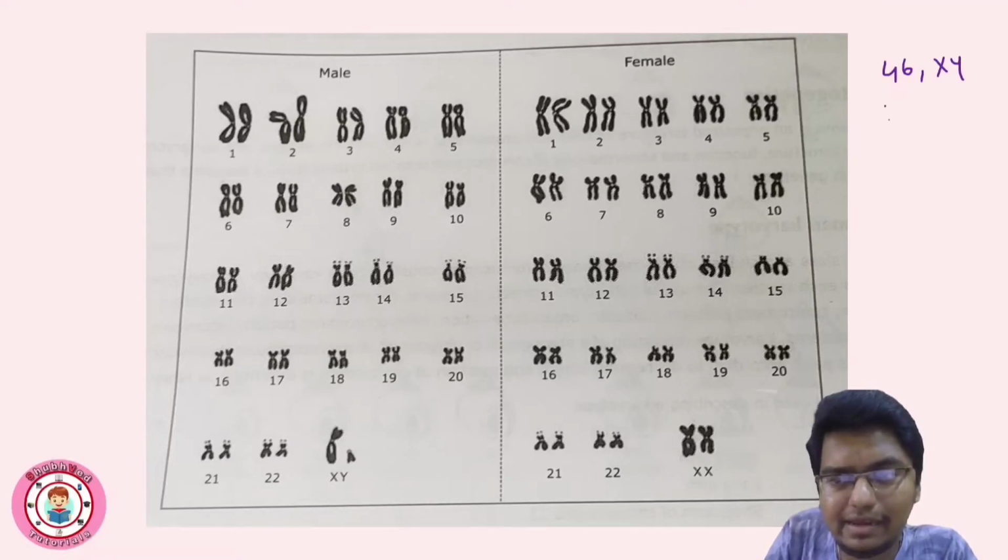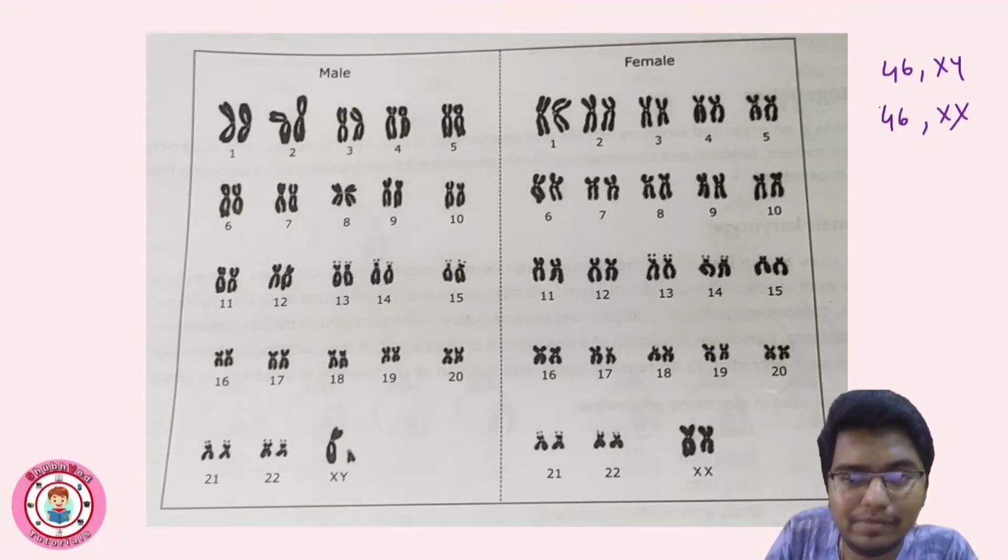And in females, 46XX. Now we will discuss which are submetacentric, metacentric, acrocentric, and telocentric, according to the numbering.